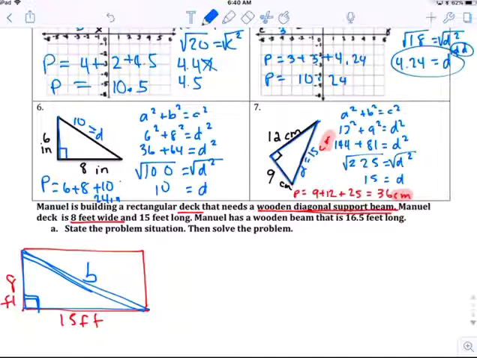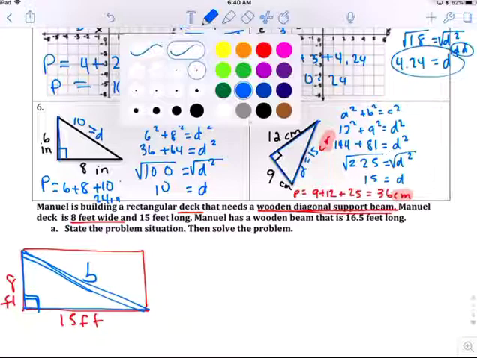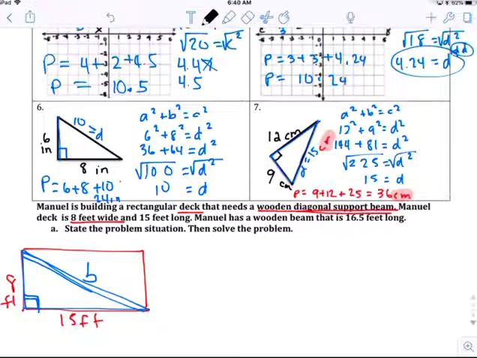That's what it means. Manuel has a wooden beam that is 16.5 feet long.